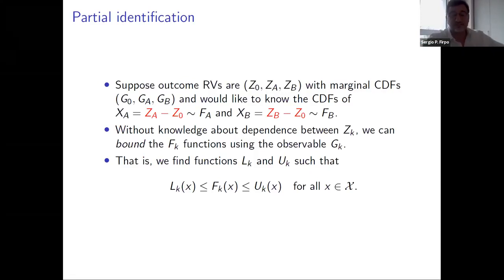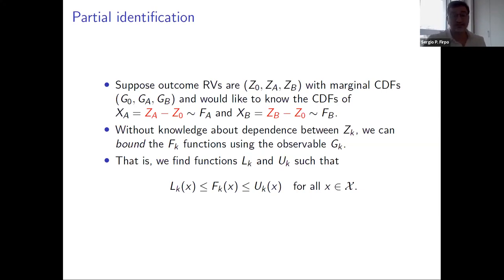Let me just say that life gets a little bit more complicated if you do not think of changes. So FA and FB are not point identified any longer, they are set identified. So those are CDFs. How can I bound those CDFs? Well, those are CDFs of effects, and we know how to do that.